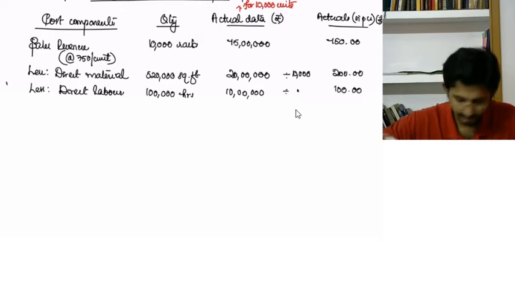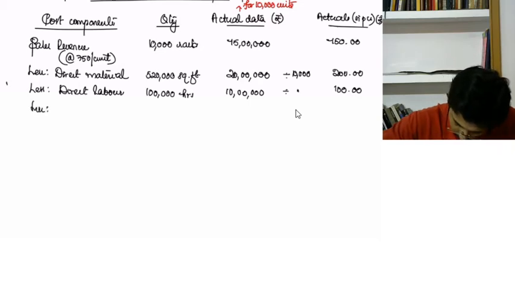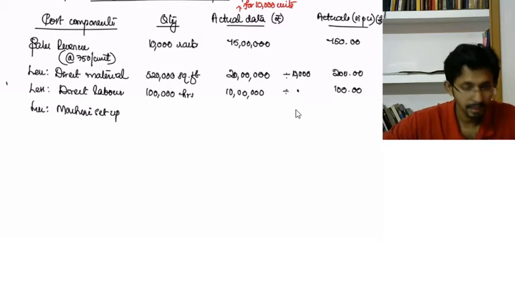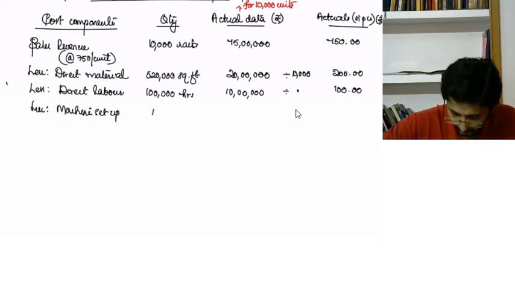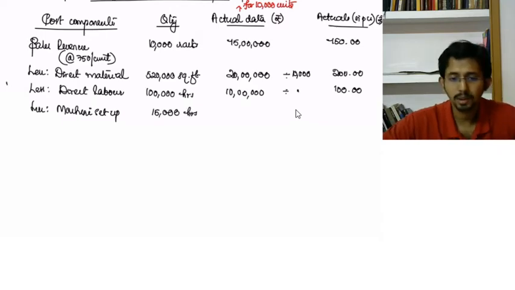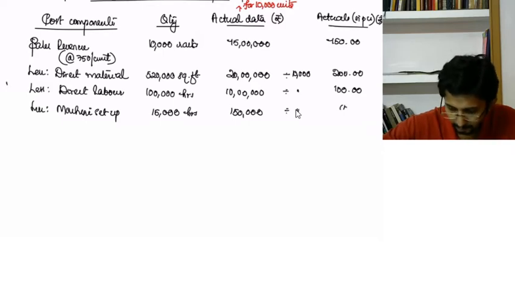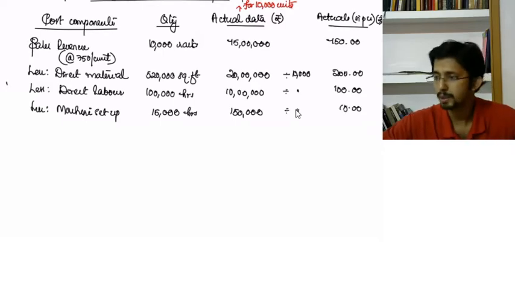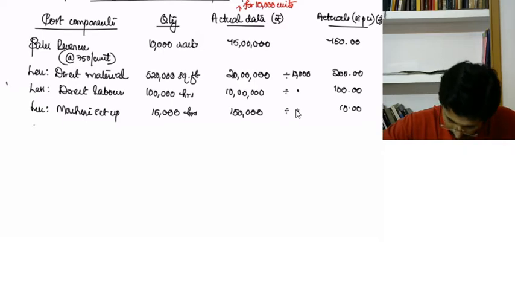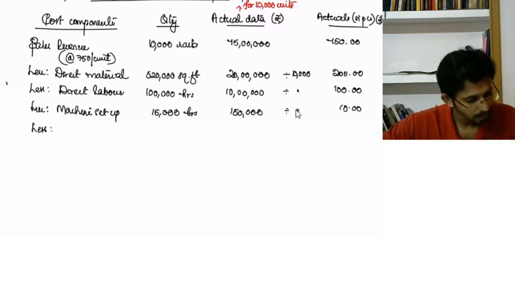Then you have machine setup. For setting up the machine, the company has taken 15,000 hours and the total cost is 1,50,000 rupees. Divided by 10,000 will be 15 rupees per unit.